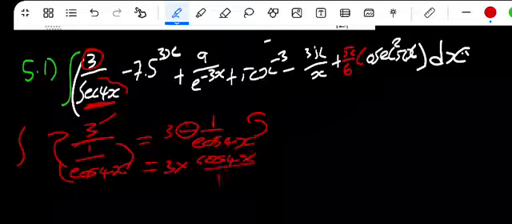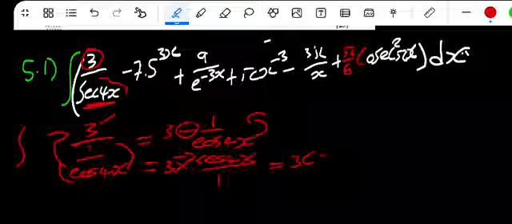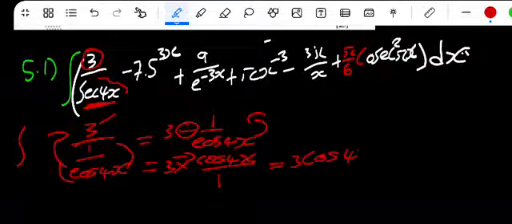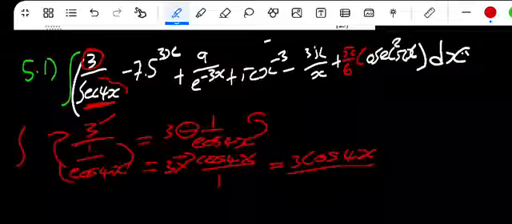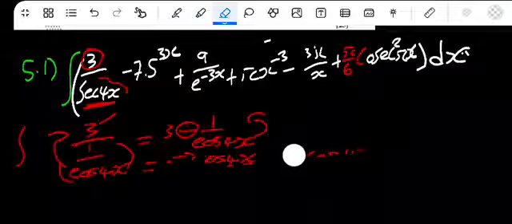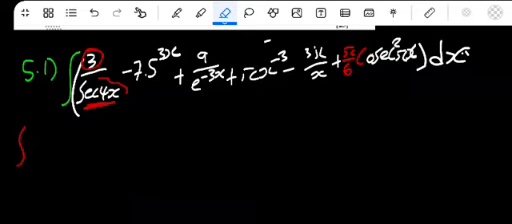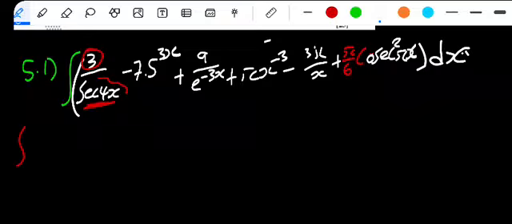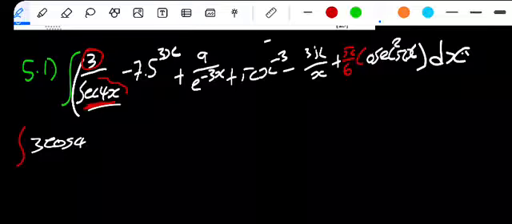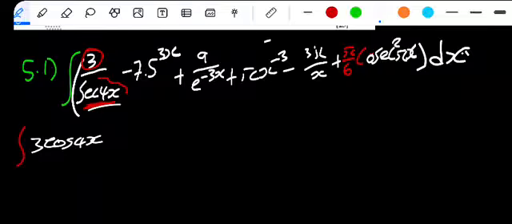So this will simply equal 3 cos 4x. All of this will simplify to 3 cos 4x. This one is good.